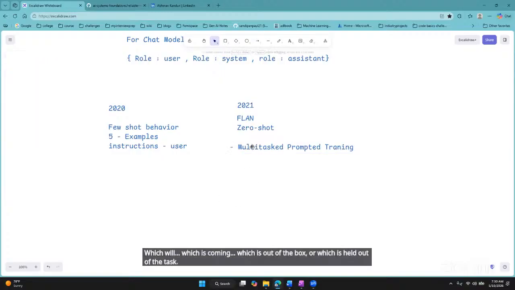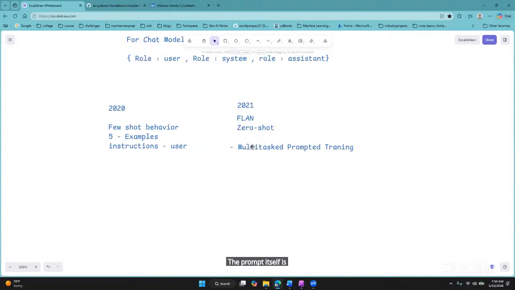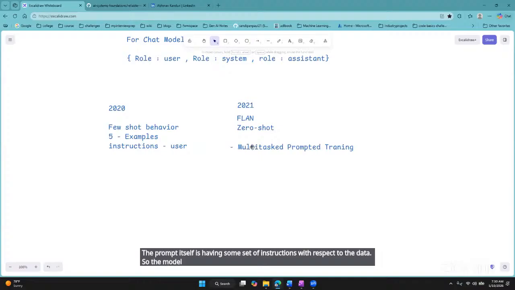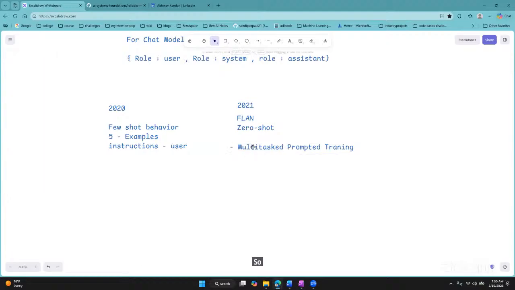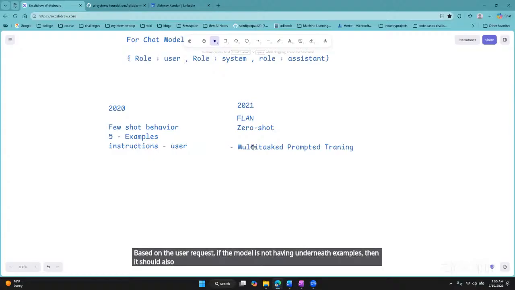So the prompt itself will have some set of data sets or some set of metadata inside. The prompt itself is having some set of instructions with respect to the data. So the model behavior will definitely follow those instructions apart from zero shot instructions. All we are trying to understand here is, based on the user request, if the model does not have underlying examples, then it should also provide a good response as per the user request.